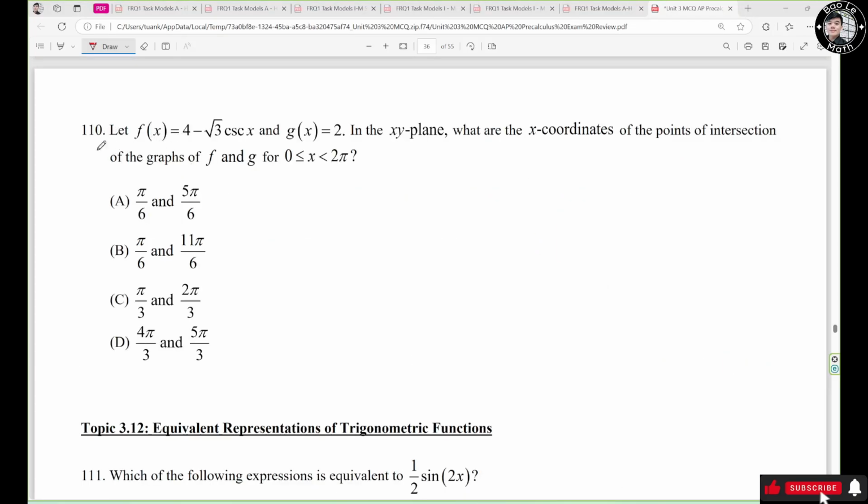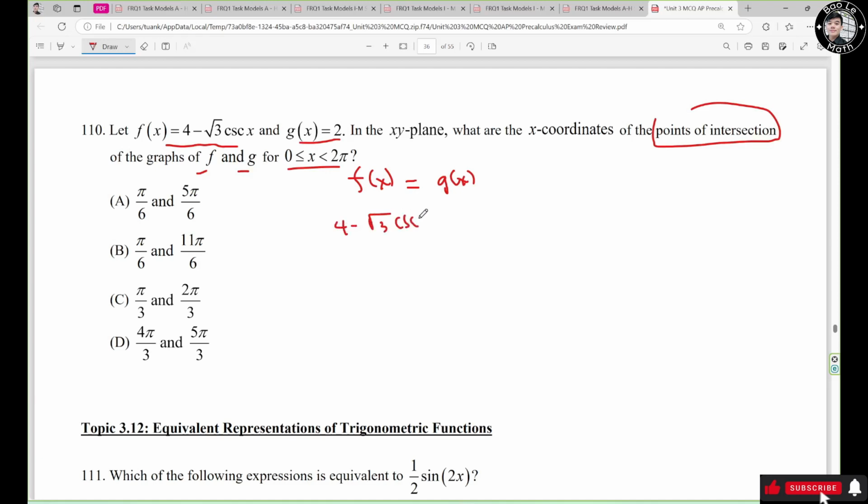Now let's move on to question 110. Let f(s) be 4 minus root 3 cosecant s and g(s) equals 2. We need to find the points of intersection of the graphs of f and g within this domain. So we just let f of s equal g of s, and then it turns out to be 4 minus root 3 cosecant s equals 2.